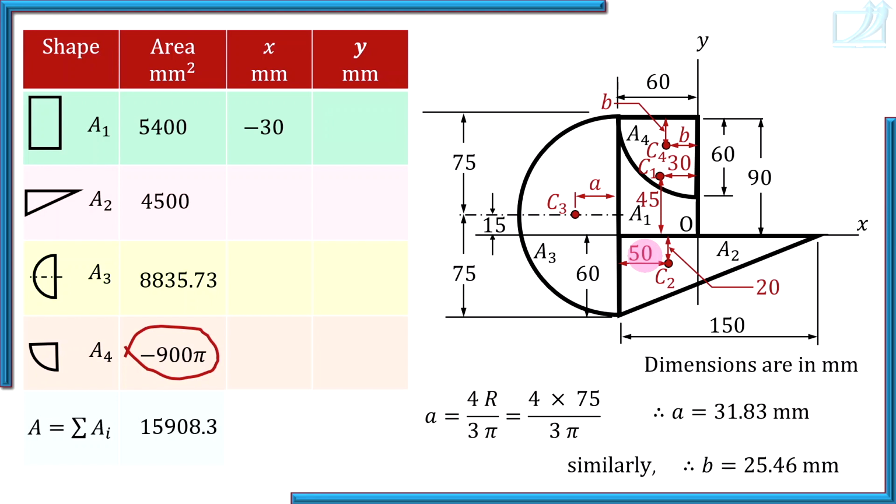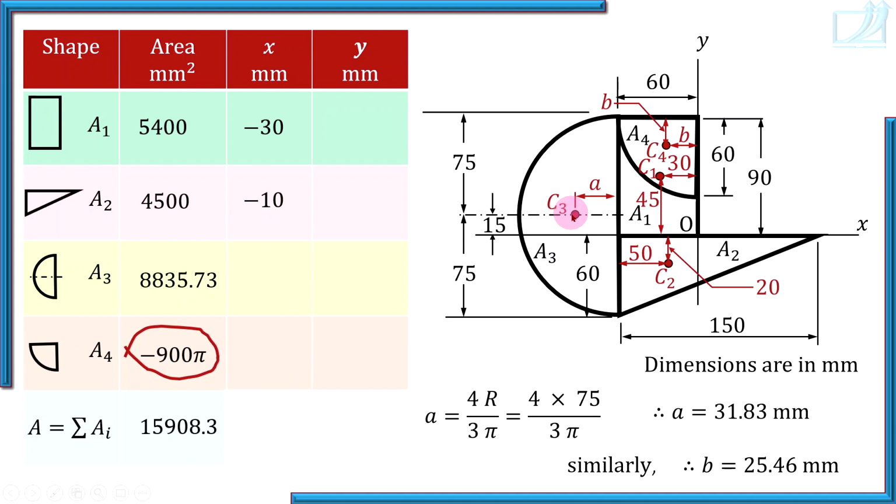That is why I am repeating this instruction again and again. Check where the y-axis is. And horizontal distance from y-axis, that is x coordinate. So what is the x coordinate of C2? 60 minus 50, that is 10. And since it is on the left side of the y-axis, it is minus 10.